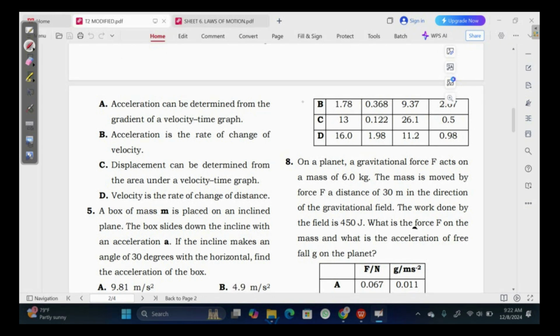That is the answer. The friction we found is 9.36, which we round off, and mu is 0.37. Friction is 9.37 or 9.4.